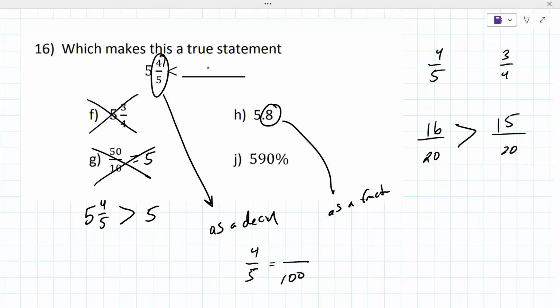So 5 times 20 is 100. 4 times 20 is 80. So it would be 0.8. So they would be equal? Yeah. So we know it's not that one, therefore it must be that one. And you're kind of noticing a pattern, but that's okay.